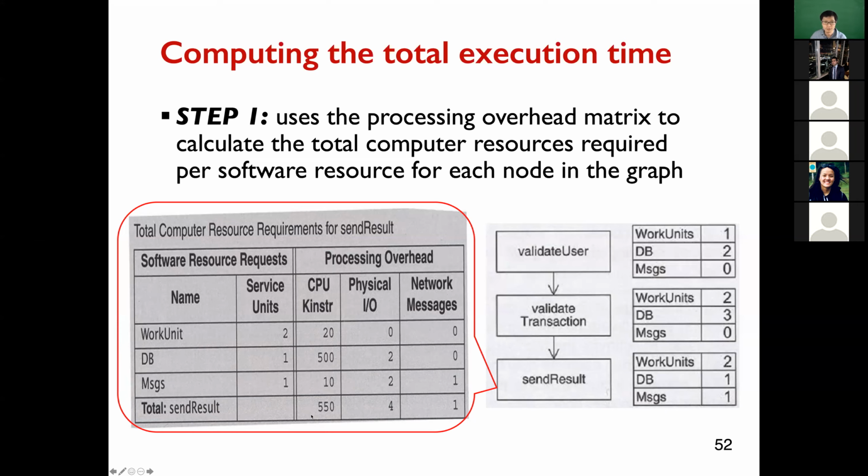So it is 550K instructions of CPU. Similarly, the send result node would use 4 physical IOs and 1 network message. So we calculate, for each basic node like send result, the total required hardware resources.